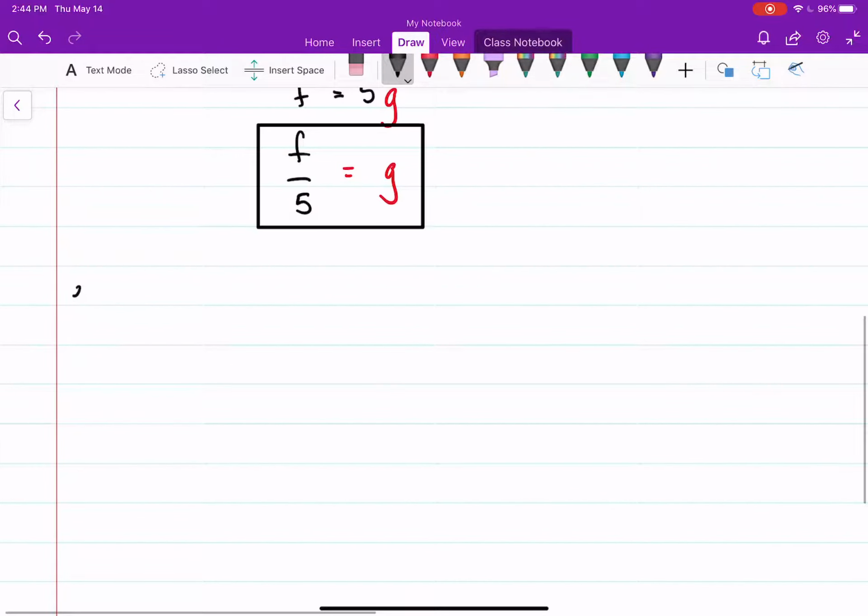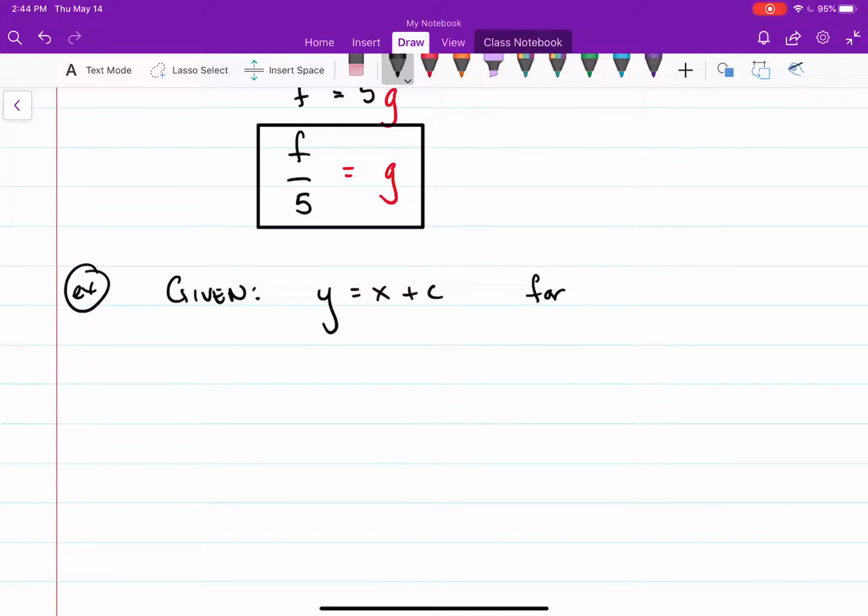Let's try another example. Let's say I'm given y is equal to x plus c, and I want you to solve for x. So I want to get x by itself.